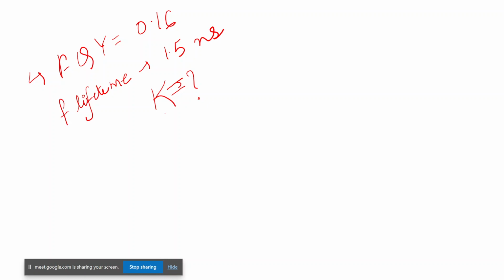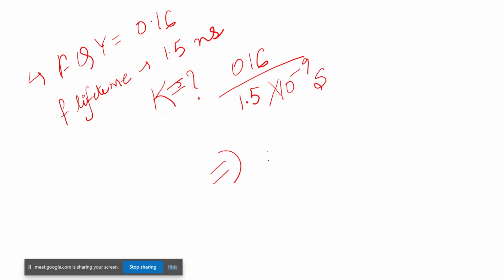You have been provided with the fluorescence lifetime, that is 1.5 nanoseconds, and the fluorescence quantum yield, that is 0.16. So what will be the rate constant value? It will be 0.16 divided by 1.5, and as it is in nanoseconds, you multiply by 10 to the power 9, giving about 10.6 into 10 power 7 per second. Correct.